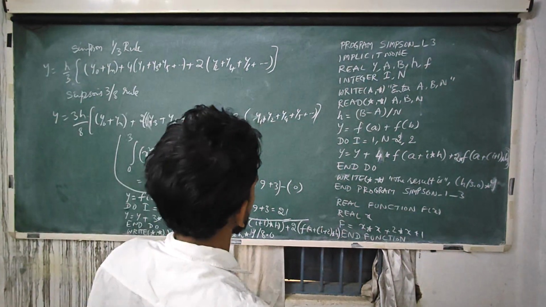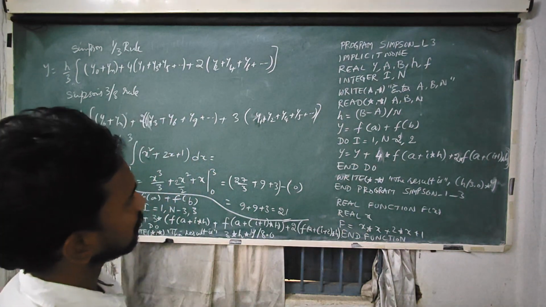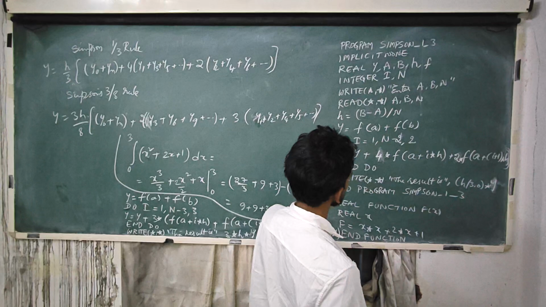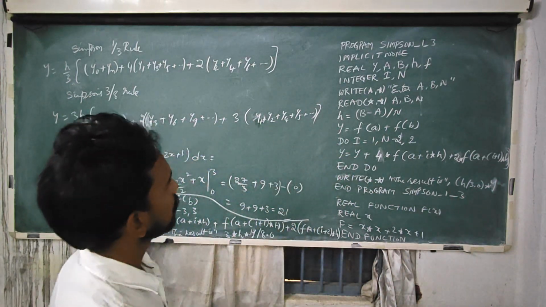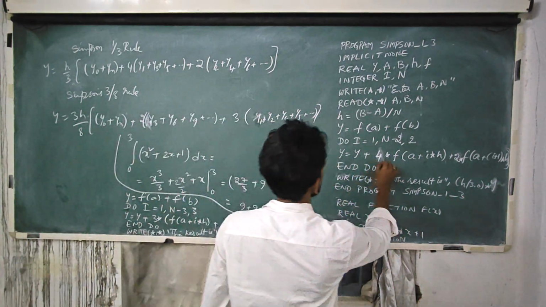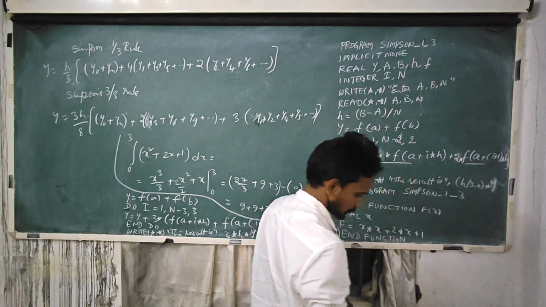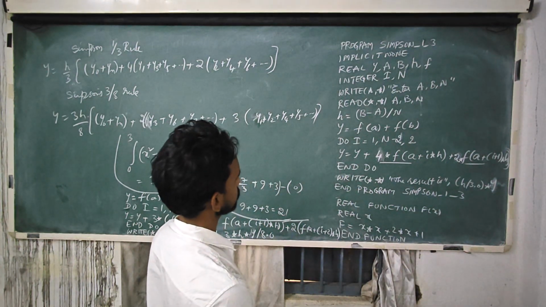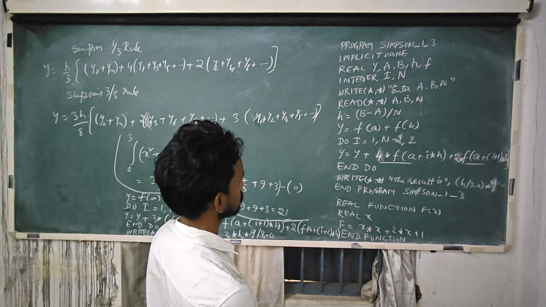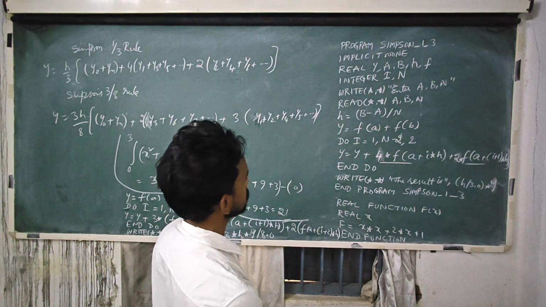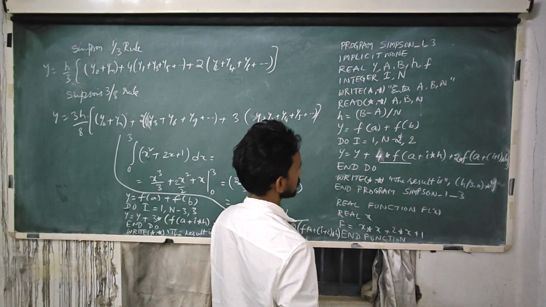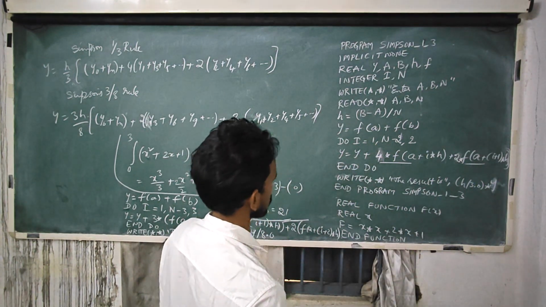So here, depending on the number of intervals, one term is missing sometimes. So we have to calculate these things separately, then only it works. So we have to take all odd terms separately and even terms separately and add.